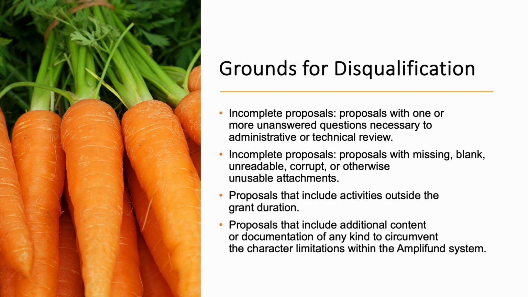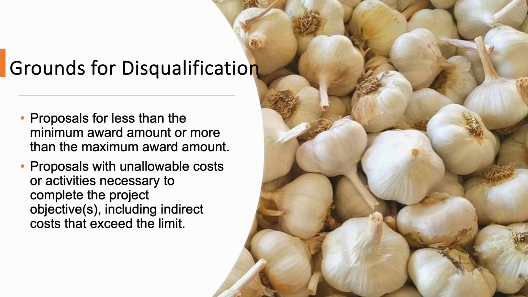Proposals that include additional context or documentation of any kind to circumvent the character limitation within the Amplifund system. Proposals for less than the minimum award amount or more than the maximum award amount. Proposals with unallowable costs or activities that are necessary to complete the project objectives, including indirect costs that exceed the limit set forth in the grant proposal instructions.